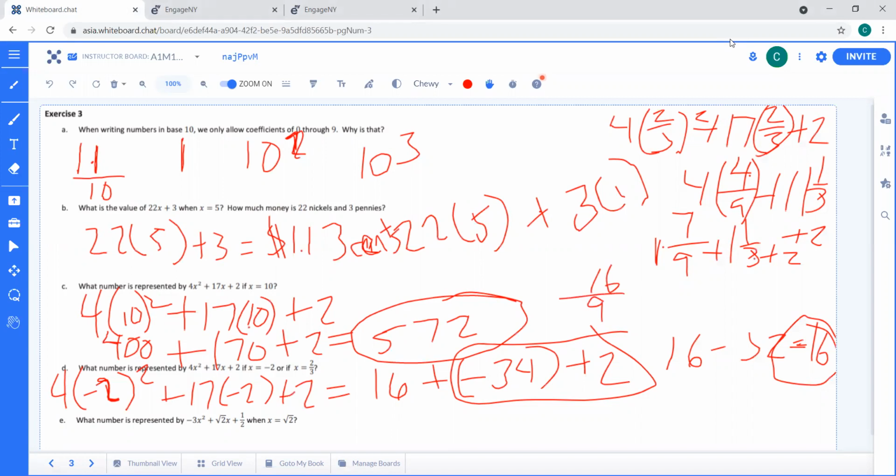3 times 1 is 3, plus 1 is 4/3. But we need a common denominator. So 4 times 3 is 12, plus 2. I have to have a common denominator, and just say plus 2.